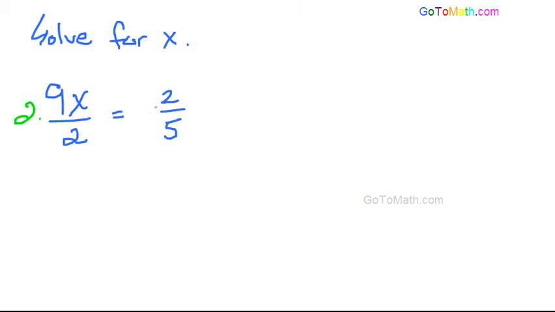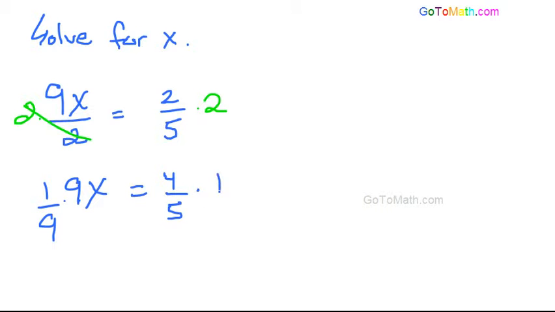We'll multiply both sides by 2. That'll get those to cancel out. And we'll be left with 9x is equal to 4/5. And then what we'll do is multiply both sides, I guess we'll just use blue, by 1/9. That'll get those to cancel out, and therefore x will be equal to, let's see, 4 over 45.